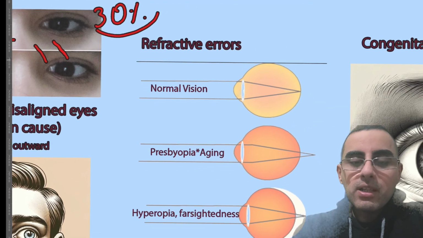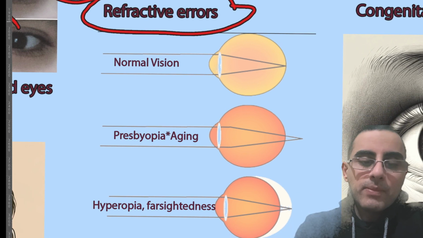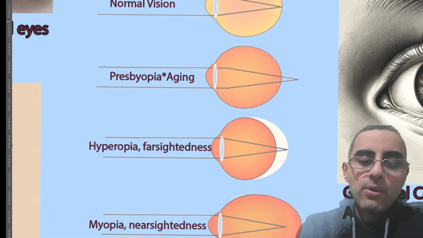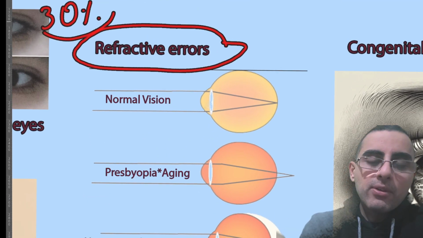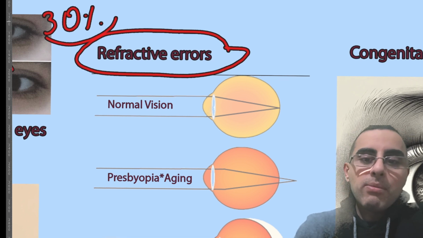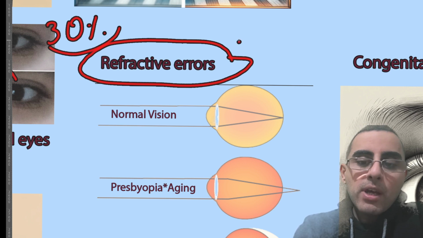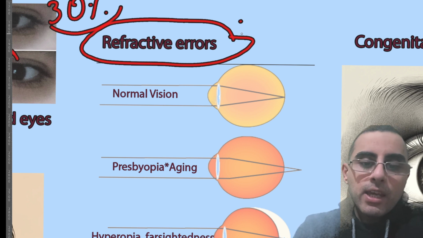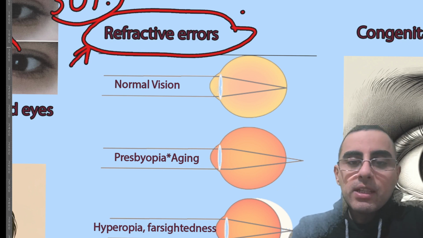Another cause is important refractive errors. When a kid has refractive errors, for example, hyperopia or myopia, farsightedness or nearsightedness in simple language, and these refractive errors are important, our brain still finds a way and tries to get light from the normal eye and ignores the defective eye which has important refractive errors, and we get amblyopia again.